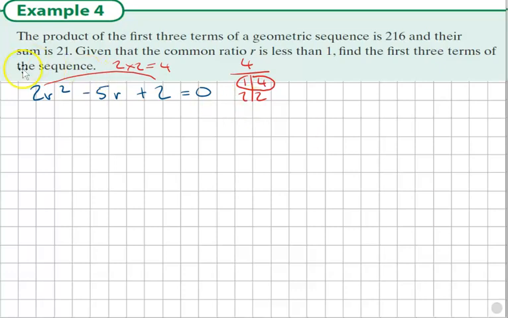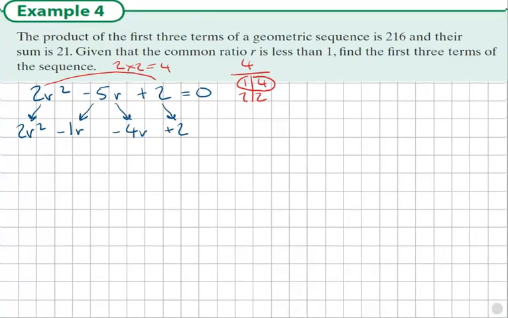So factorizing, 2 multiplied by 2 is 4, so we get the factors of 4. So we choose 1 and 4 as our factor pair. This plus here tells us that these signs are going to be the same, and this minus tells us they're both minus. So we're choosing 1 and 4 because minus 1r minus 4r gives us minus 5r.